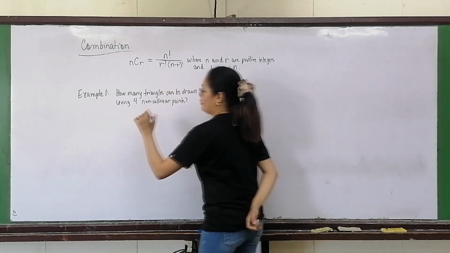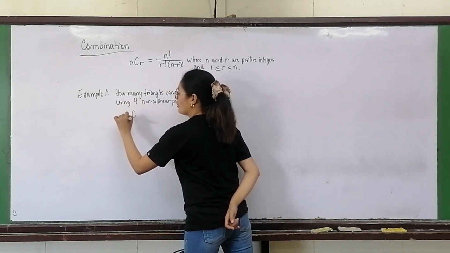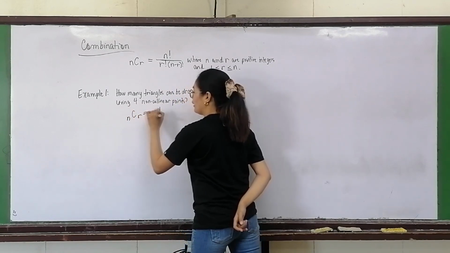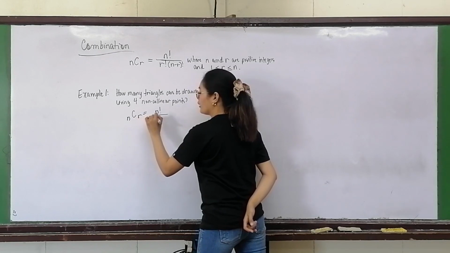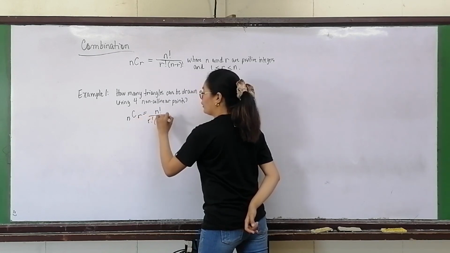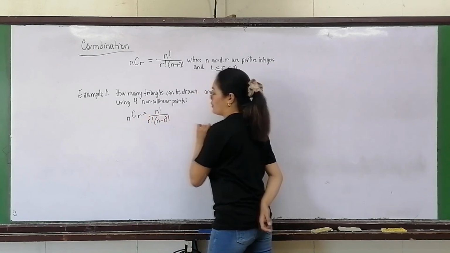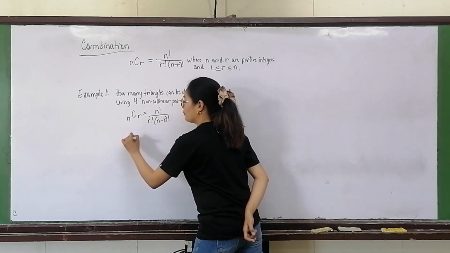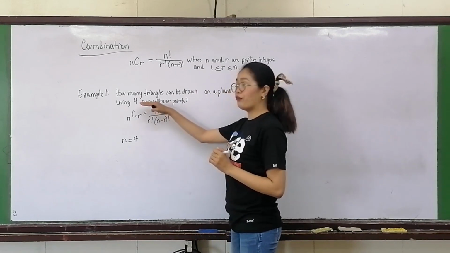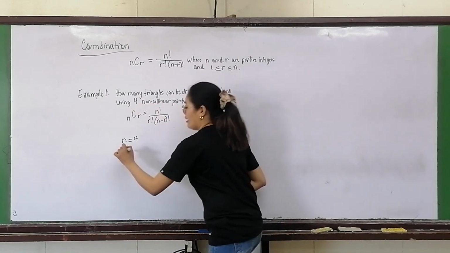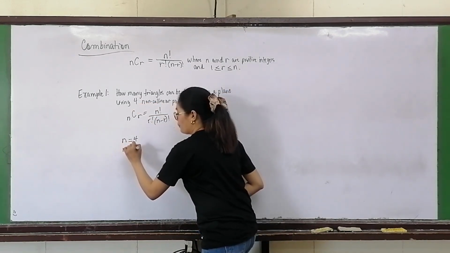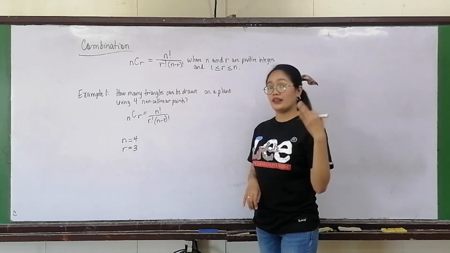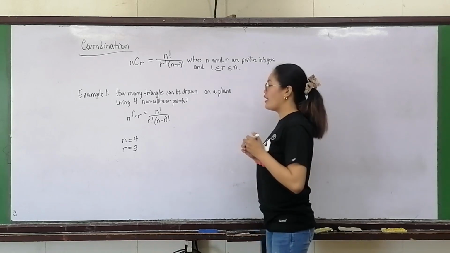Using our formula, we have the combination of n taken r equals n factorial over r factorial times the factorial of n minus r. With this problem, our n is equal to 4 since we have 4 non-collinear points, and our r is equal to 3. This is because to form a triangle, we only need 3 points out of the 4.